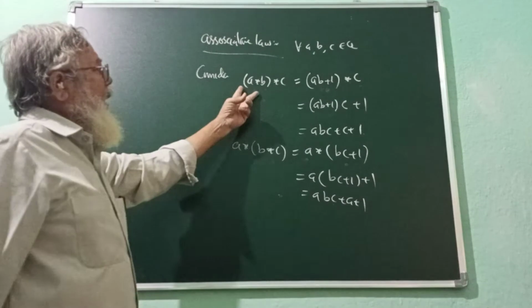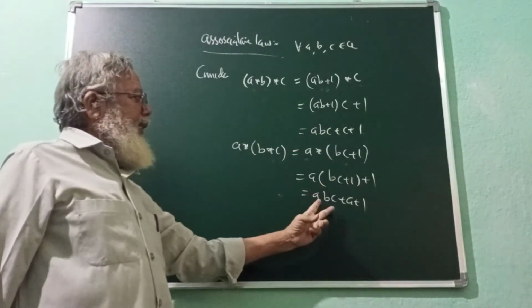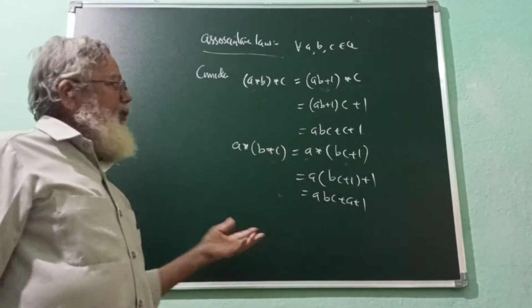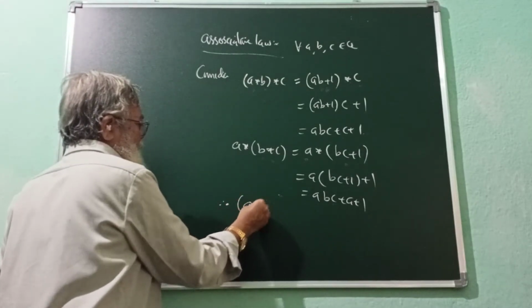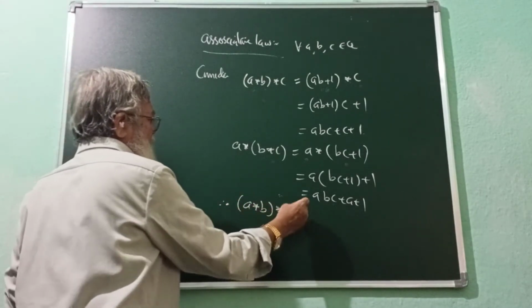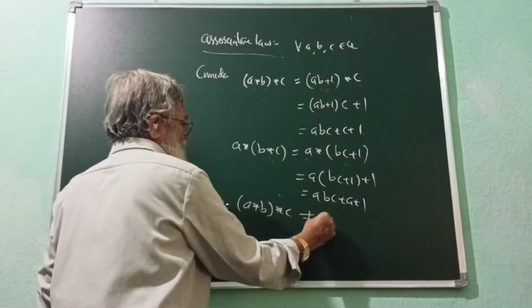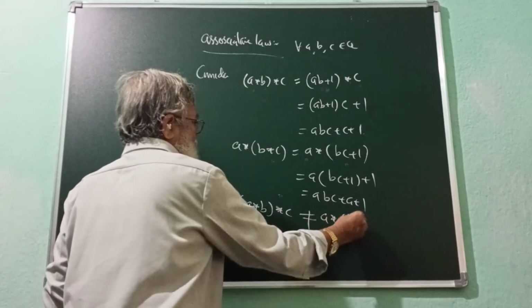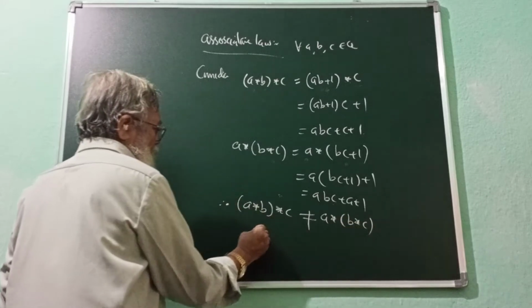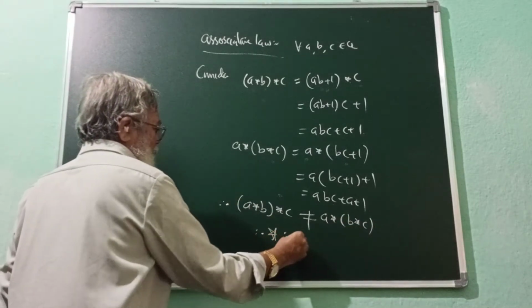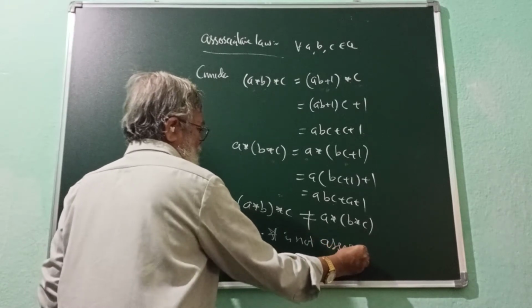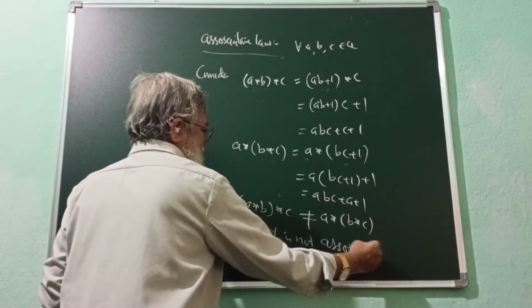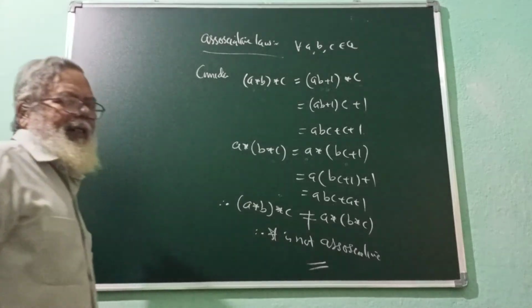See, the left hand side and right hand side are different here. So therefore A star B star C is not equal to A star B star C with the other bracketing. Therefore star is not associative. Star is commutative but not associative.